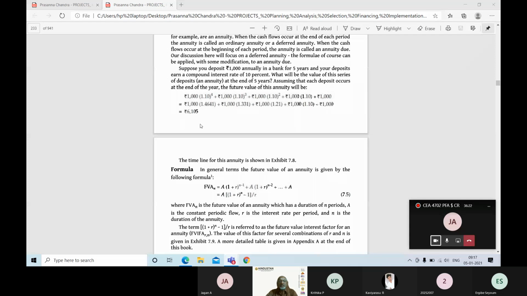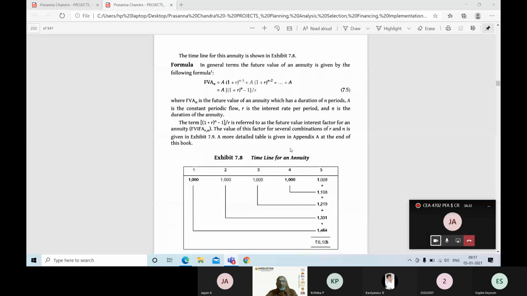So you have to calculate it: 6,105 after 5 years. This is 6,105. The table for the annuity is also shown in the exhibit 7-8. The values are 1,000 into 1.464, 1,000 into 1.331, 1,000 into 1.210, 1,000 into 1.100, and 1,000.